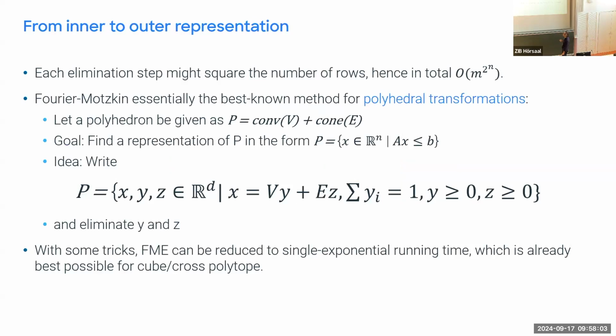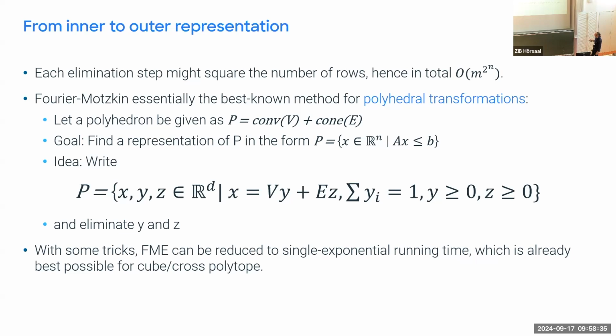It can also be used to transform the inner to the outer representation. That's maybe interesting. Here you see how this works. If I'm given an inner representation, so a list of vertices V and rays E, how do I derive the outer representation? Well, first of all, I write explicitly what I want. So all the x's are convex combinations of these V's and conic combinations of the E's.